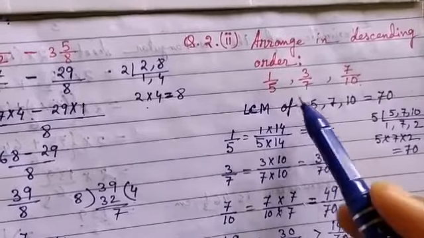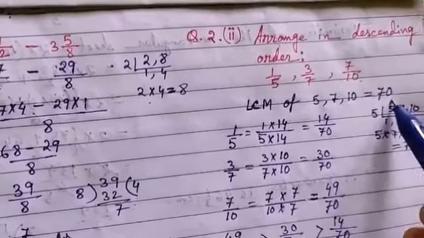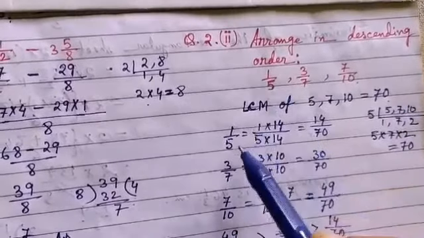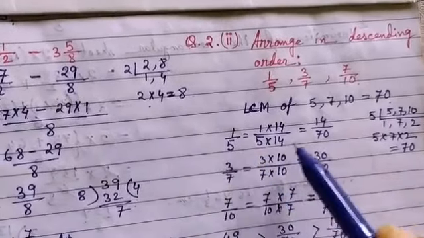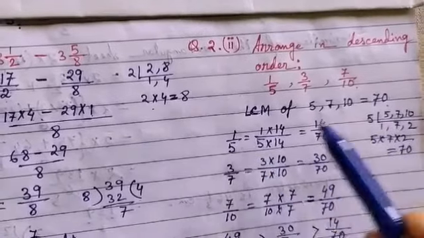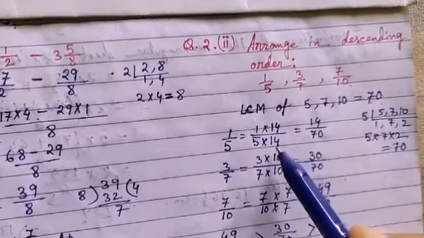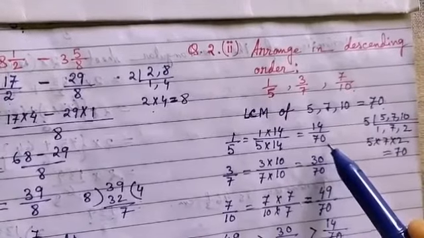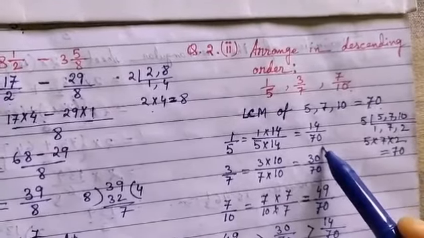Here the LCM of 5, 7 and 10 is 70. Then this LCM is divided by each denominator. First fraction's denominator is 5, then that is 14, 5 14s are 70. That means we have to multiply up and down by 14. Then we get 14 by 70.